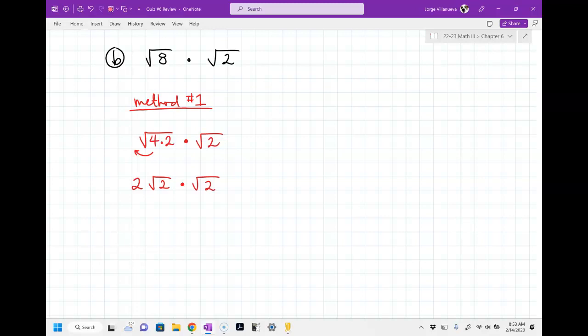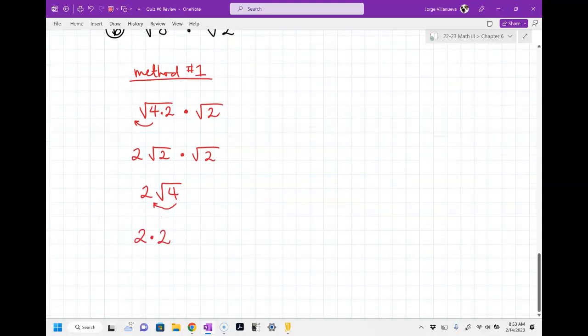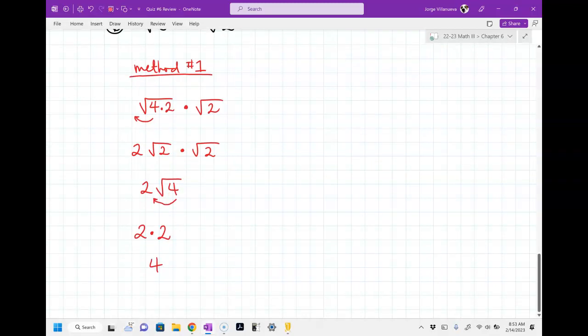Now my square roots are completely simplified as much as possible. So let me go ahead and multiply them. Square root of 2 times square root of 2, that's square root of 4. And the square root of 4 comes out as a 2. 2 times 2 is 4.